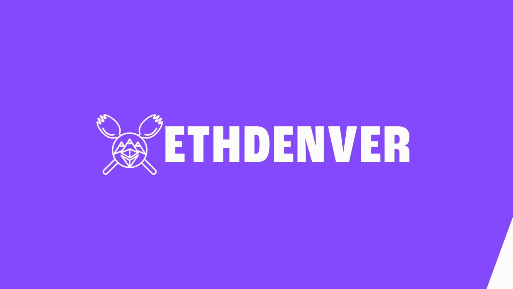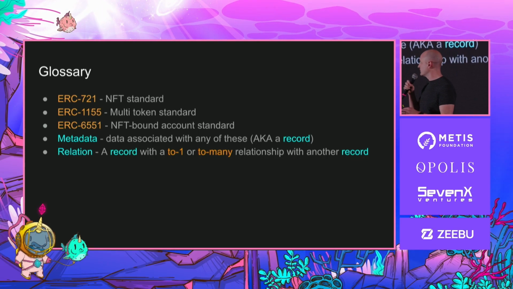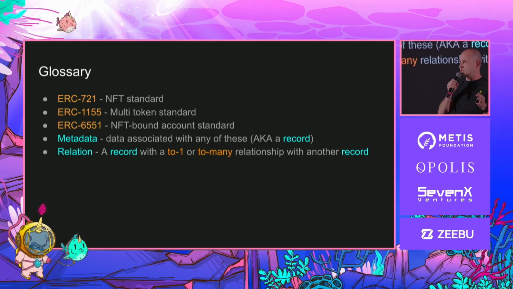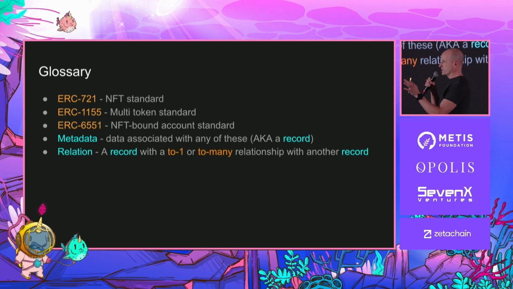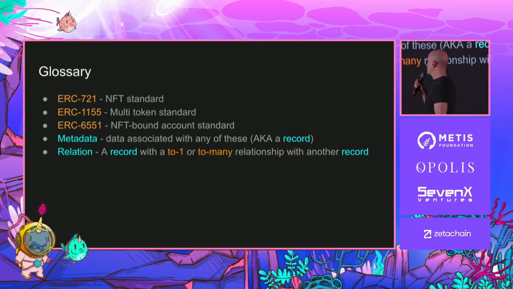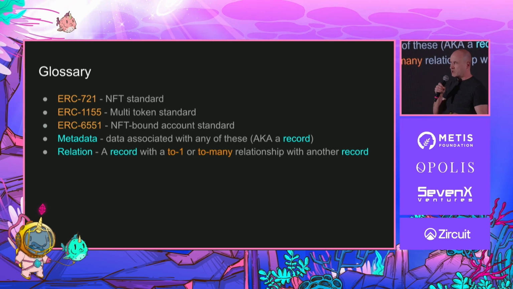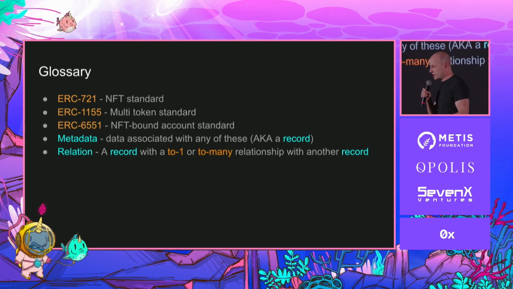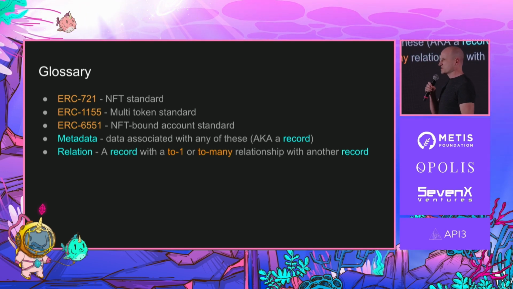So, a basic glossary for what I'm going to talk about today. I'm going to go over it with a little bit of detail, even though for some of it you're going to roll your eyes and say, I know what a 721 is. That's fine, but the primitives are important. ERC 721 is the NFT standard. It's what many NFTs are today, and if they're not that, they're usually an ERC 1155. But an 1155 is only somewhat considered an NFT standard.